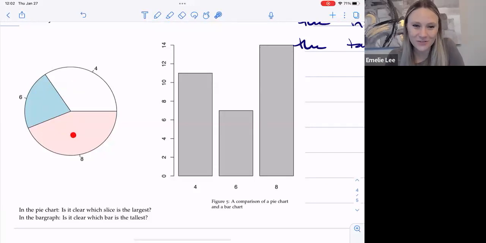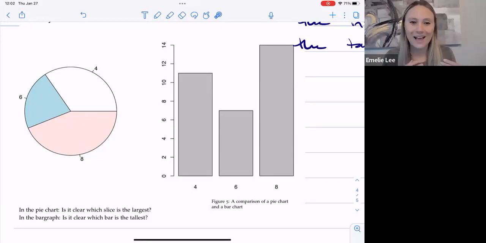If you let yourself take enough time, you will see that it's the 8 slice, right? But hopefully, you notice that it wasn't obvious. And that's because our brains do a really bad job of determining area, right? It's just our brains don't work that way.